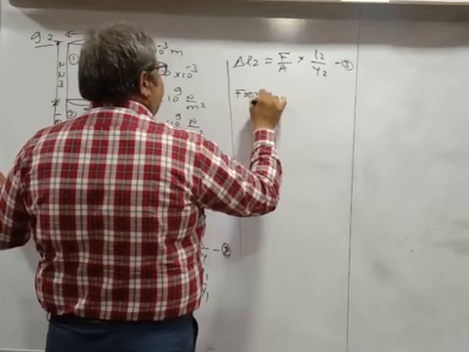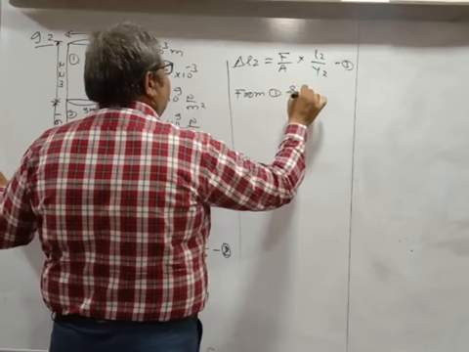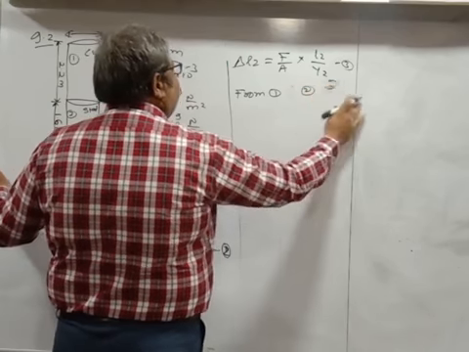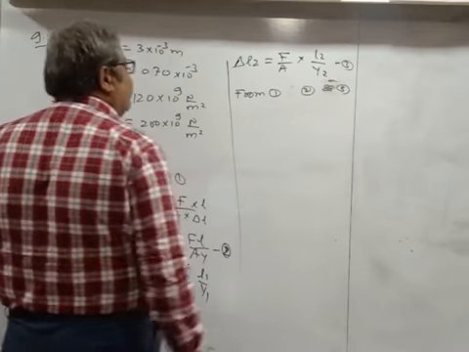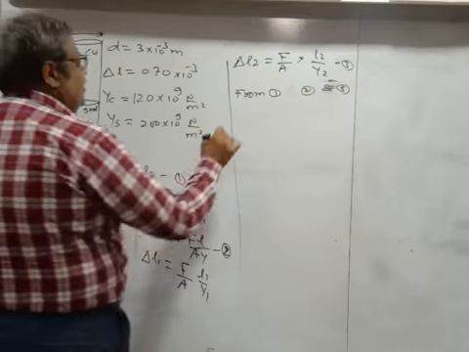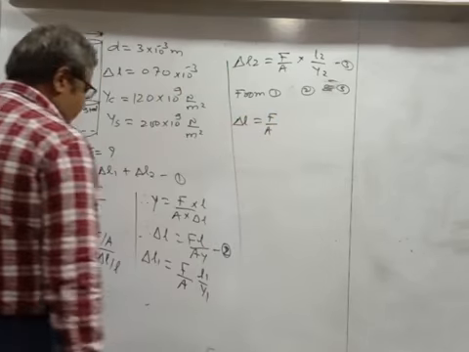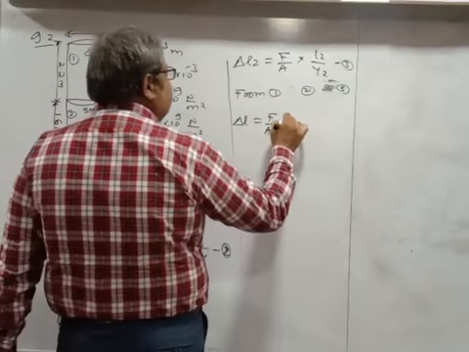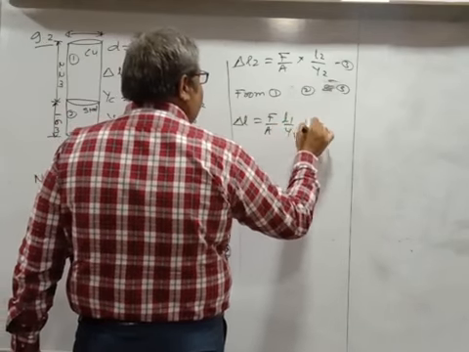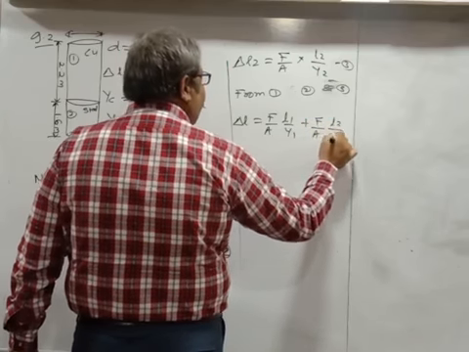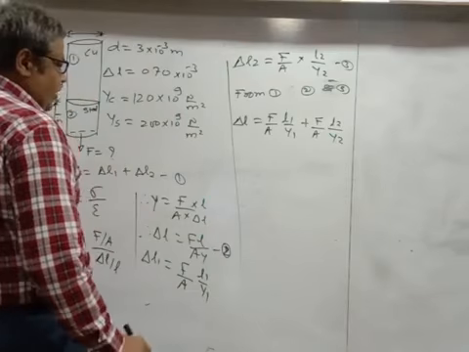Now from these three equations, from equation number 1, 2 and 3. Okay, now delta L is equal to delta L1 plus delta L2. See, here it will be equal to F upon A into L1 upon Y1 plus F upon A into L2 upon Y2.